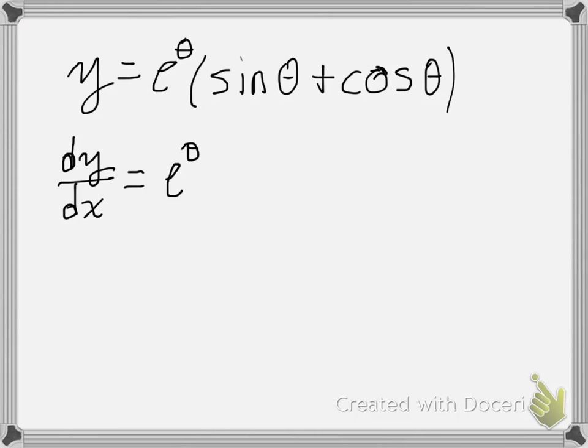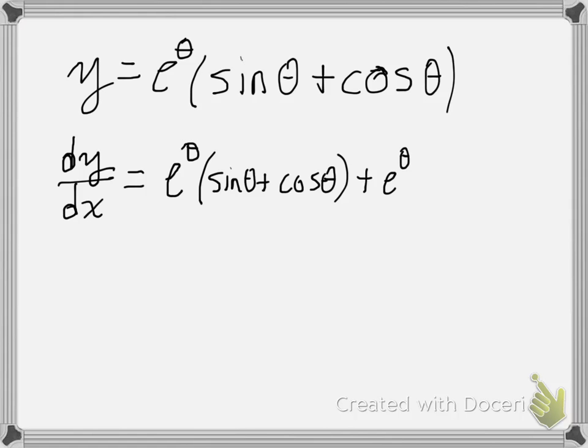Now, the product rule, if you remember, it's the derivative of one of them, and then you leave the other alone. So we're going to leave the sine theta plus cosine theta alone. And then we say plus, and we leave that other term alone, in this case the e to the theta, I'm going to leave that alone now.